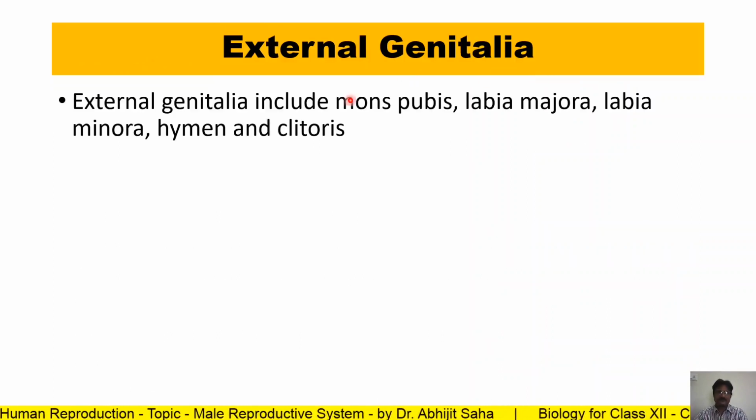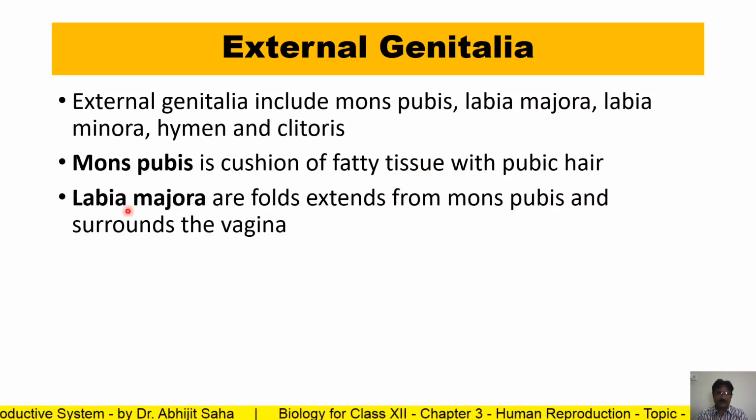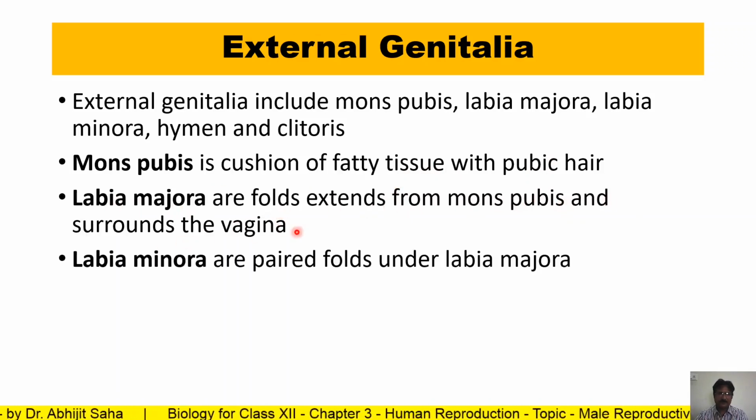External genitalia includes the mons pubis, the labia majora, labia minora, hymen and clitoris. Mons pubis is a cushion of fatty tissue with pubic hair. Labia majora are folds which extend from the mons pubis and surround the vagina.